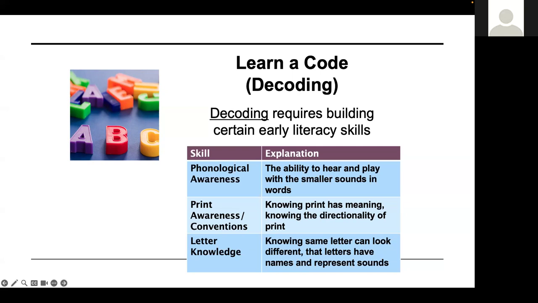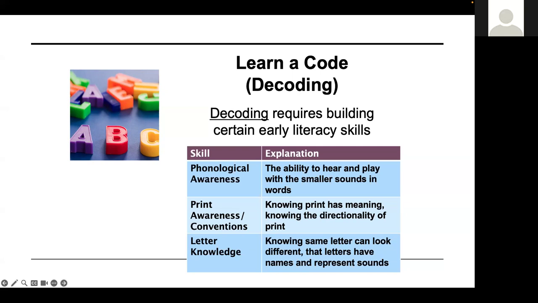Then there's that print awareness and the conventions of print. So noticing print, understanding that printed words stand for spoken words, and knowing that print is read from left to right and top to bottom, at least in the English language.